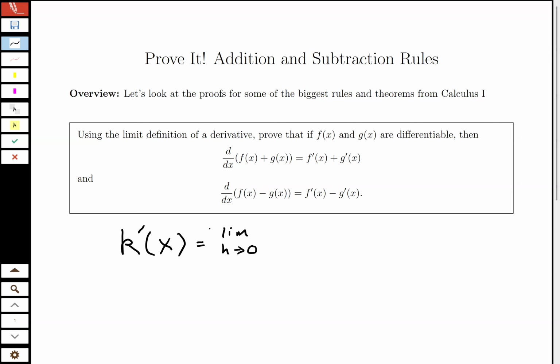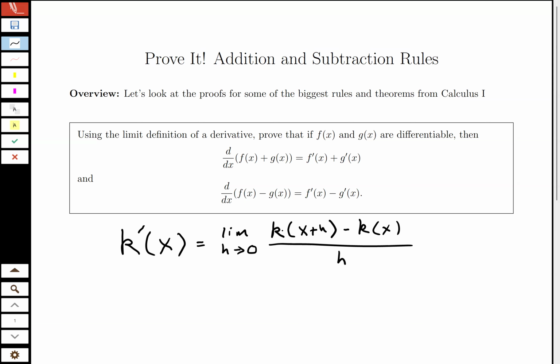I'm using the letter k here because we've already tapped into f and g. So the derivative of the function k is the limit as h goes to 0 of our function k of x plus h minus k of x, all over h.